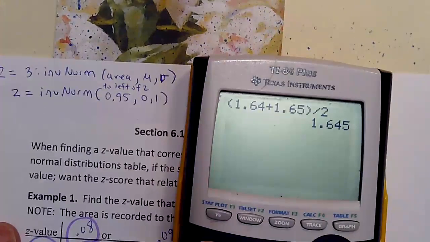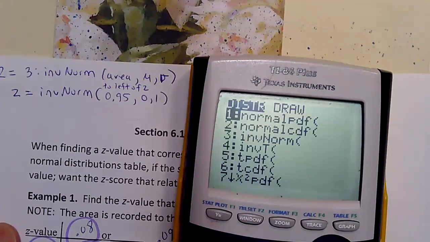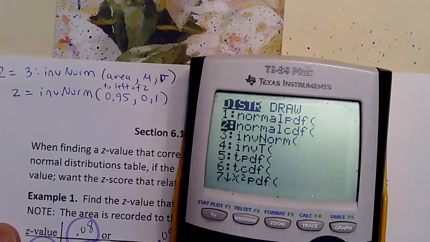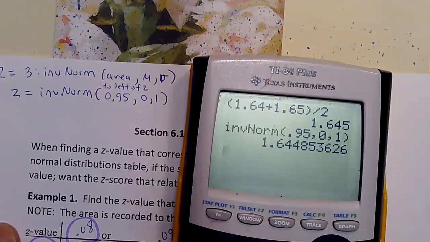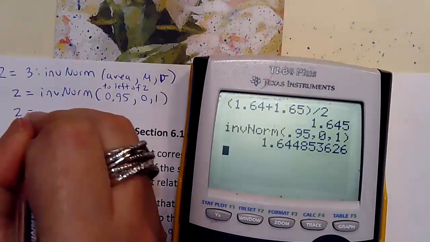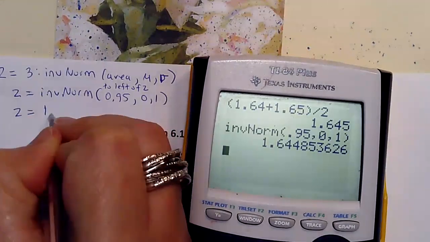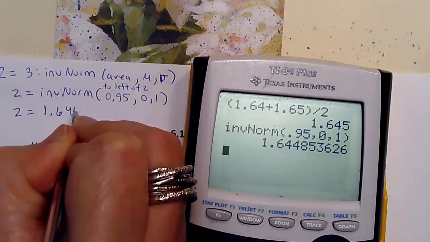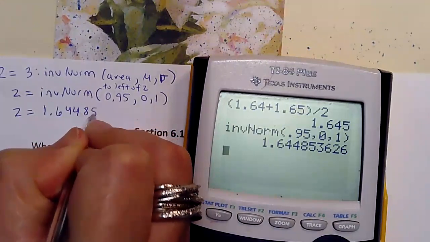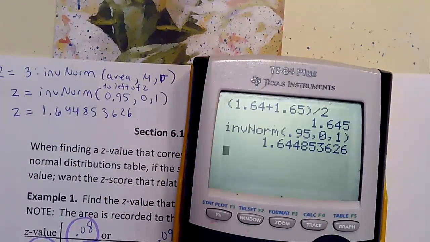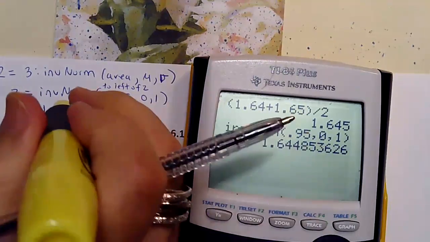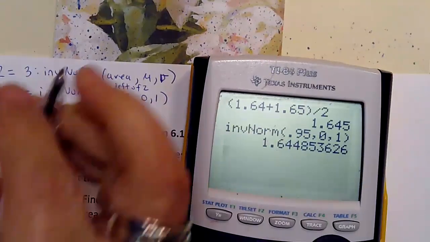So I have second vars, number 3, 0.9501, and it gives 1.64485362... So you see how it's going to be a little bit off, because when we round this to the nearest hundredths, is the neighbor 5 or more?